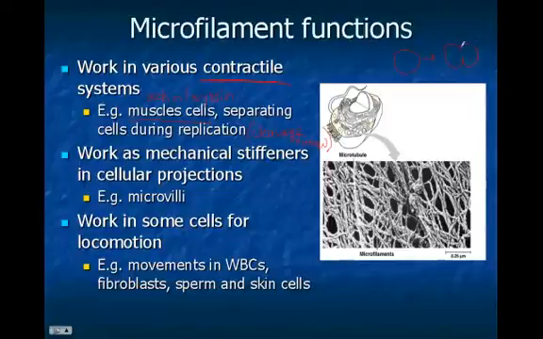Just before it pinches off into two cells, this thing right here called the cleavage furrow forms. And that cleavage furrow is actually made out of these microfilaments, actin filaments.